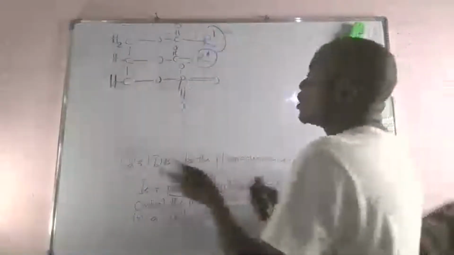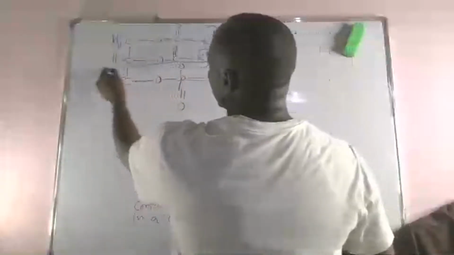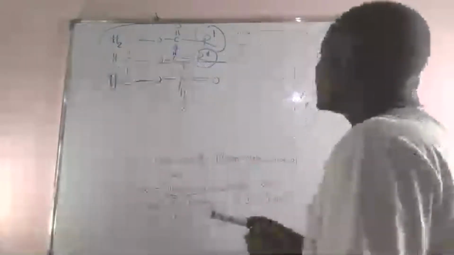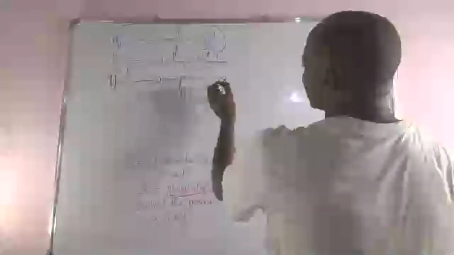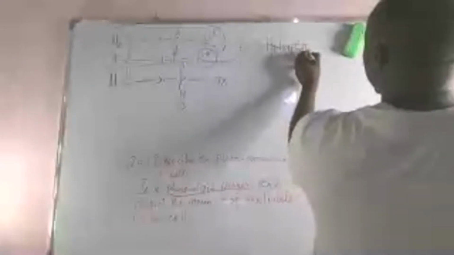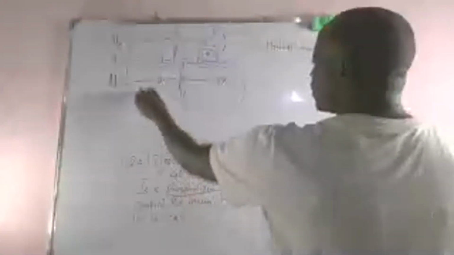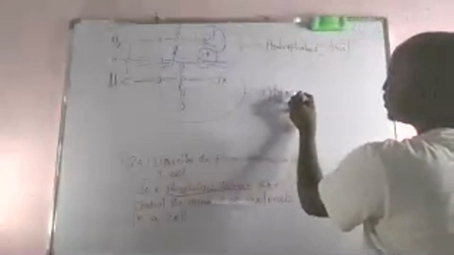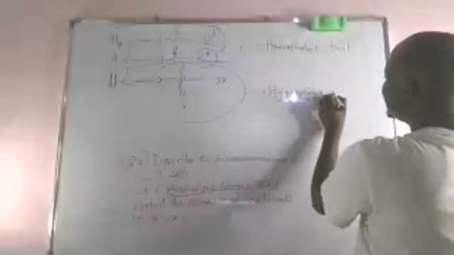If you look at it from here to here in this phospholipid, this is called the hydrophobic tail. And from here to here it is the hydrophilic head.